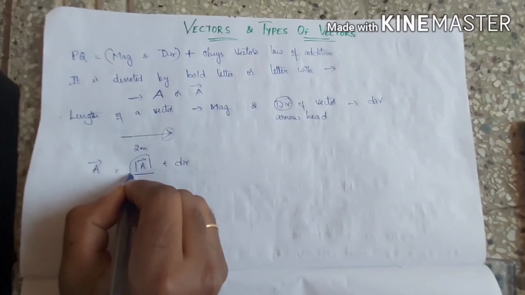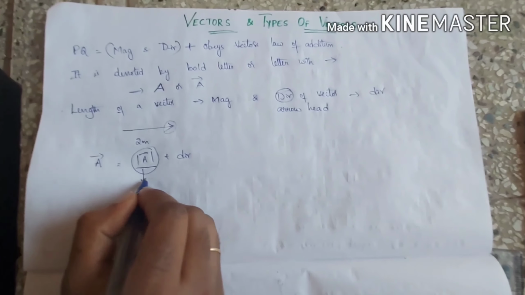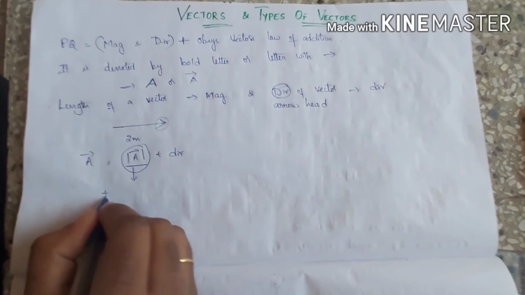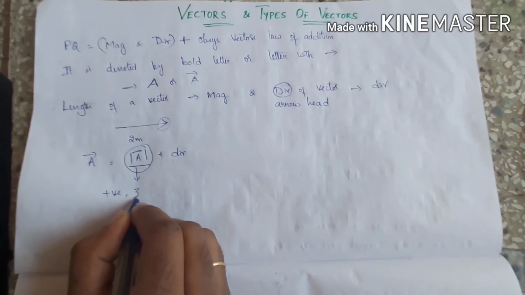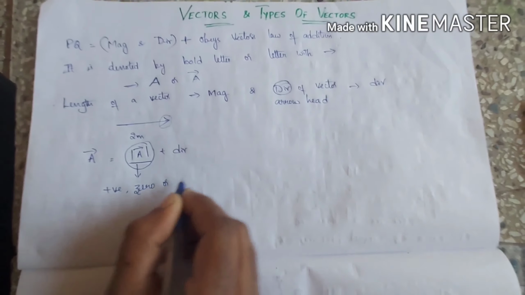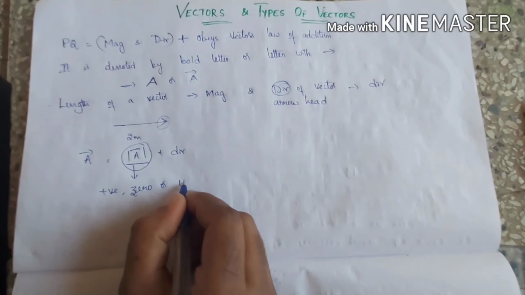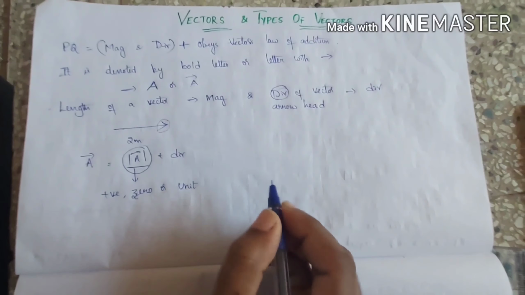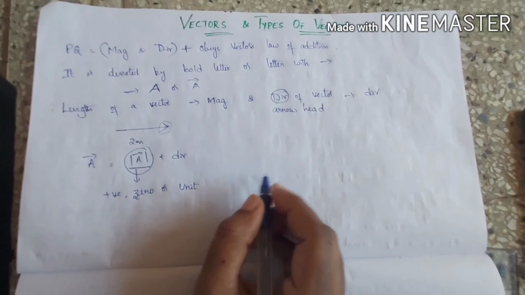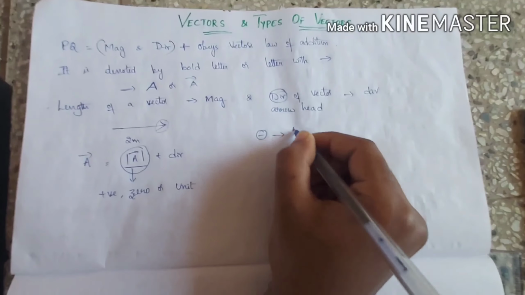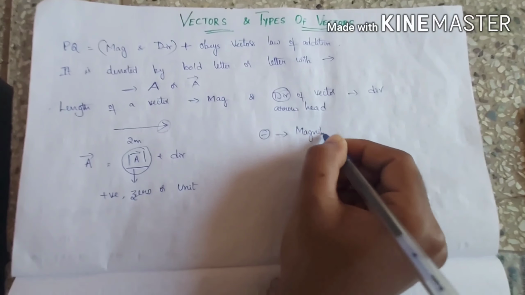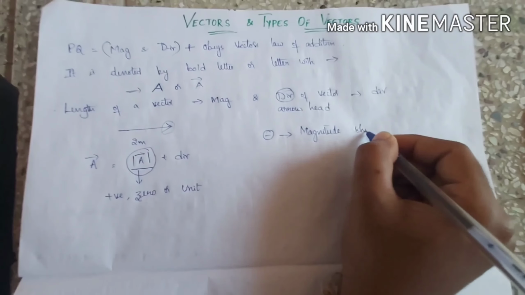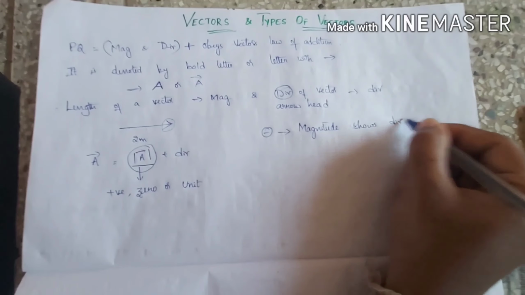And when you are learning about magnitude, the magnitude of a vector can be positive, 0 or unit, but can never be negative. Negative magnitude shows direction for a vector.